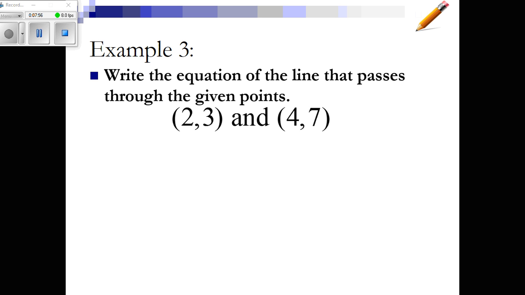Okay? Example number 3. Write the equation of a line that passes through 2 given points. Well, I have 2 points, so I don't have anything else now. Oh, but what do 2 points give us? 2 points will give us a slope. So we need to find slope first. 7 minus 3 over 4 minus 2, which would be 4 over 2, which would be 2.